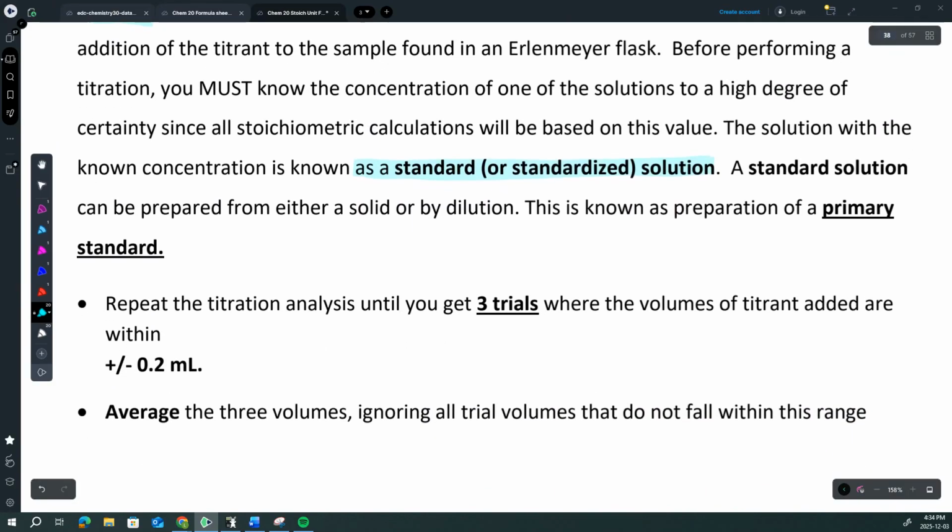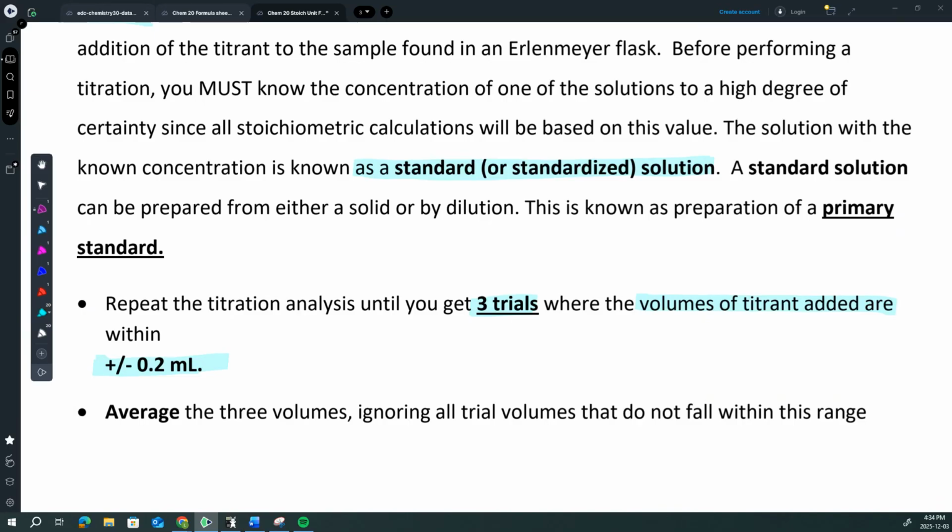Now, when you're conducting a titration, usually you do more than one experiment or more than one trial. And what you need to do is repeat your trials until you get 3 trials where the volumes of titrant added are within plus or minus 0.2 milliliters.